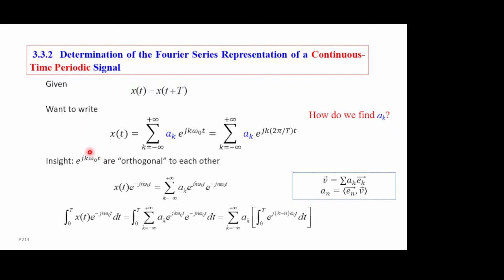And here, all those functions are orthogonal to each other in terms of multiplying each other and integrating. The intuition is that if you want to express your vector as a linear combination of some basis, then you can find the coefficients by taking an inner product of your vector with those basis vectors. And here we will do a similar thing.